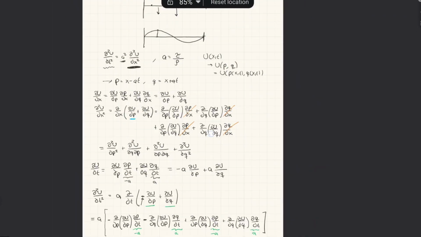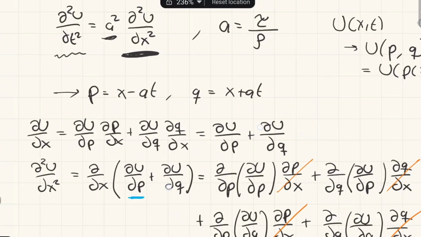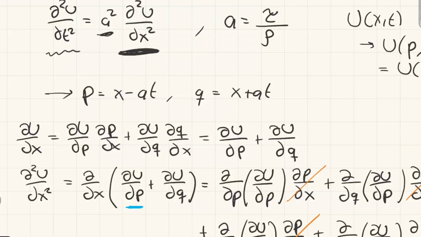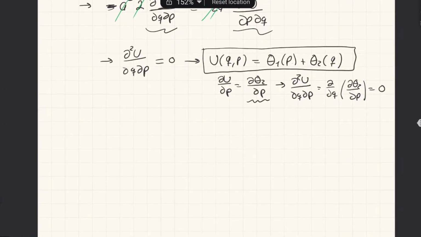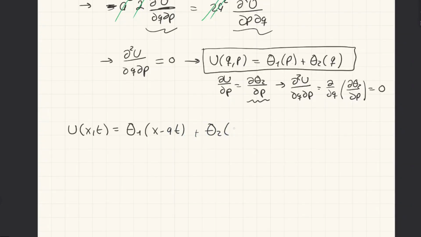If you remember, at the beginning of the change of variable, we said that p is equal to x minus at and q is equal to x plus at. So that means that our solution for the wave equation in terms of x and t is equal to theta 1 of x minus at plus theta 2 of x plus at.